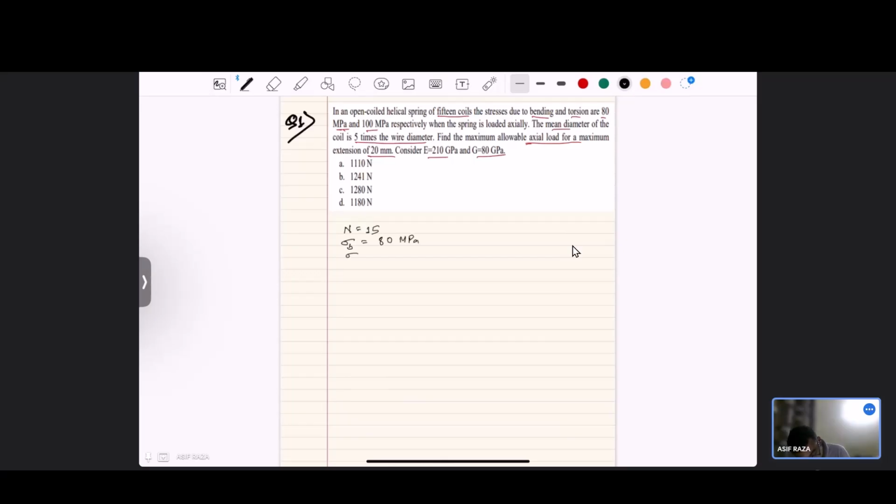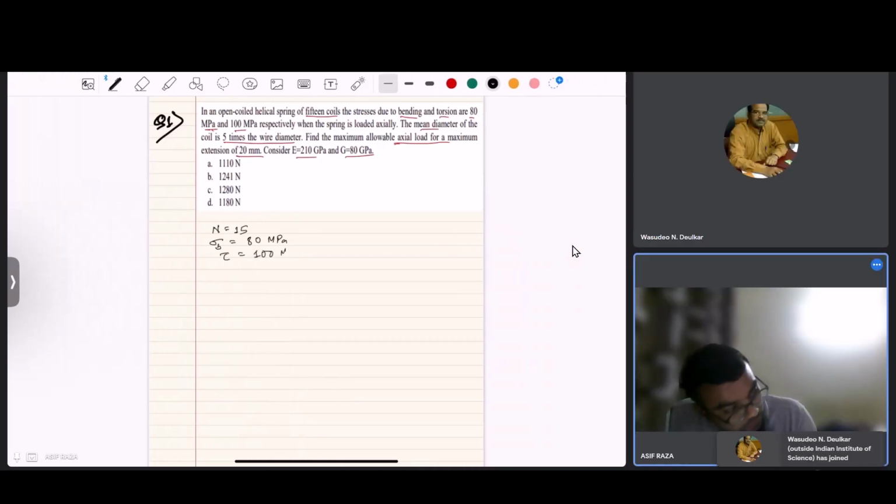Due to torsion, we can write sigma T or else say tau, 100 megapascal. The mean diameter of the coil D is 5 times of d. Find the maximum allowable load for maximum extension. The maximum extension delta max is 20 mm.